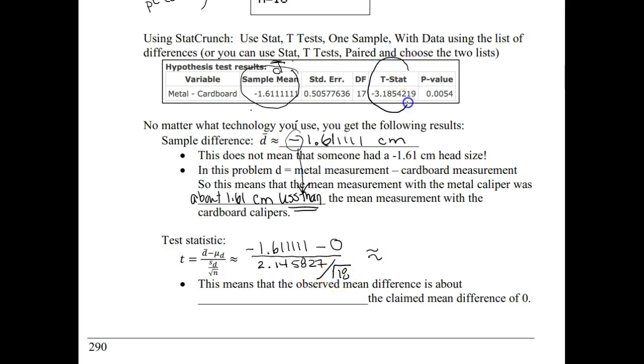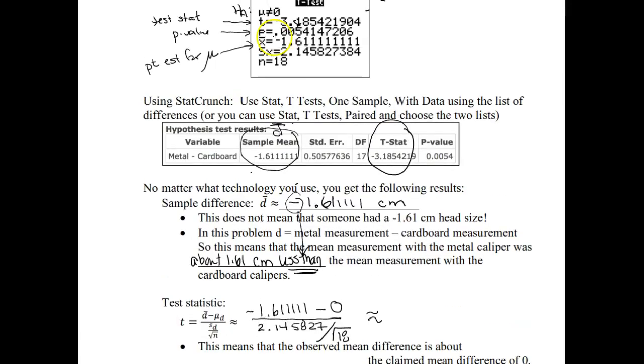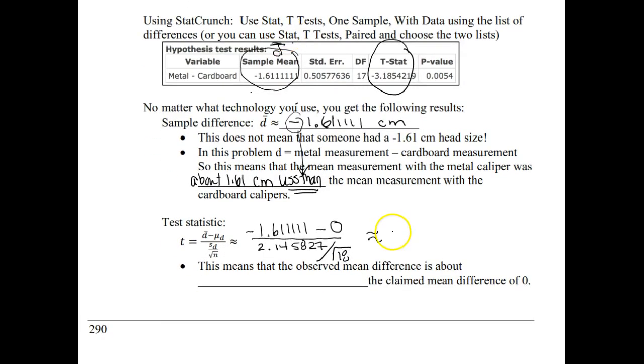And again, we can just cheat by looking at our output screen to get that value for the t-score, which is about negative 3.19. That's what we get if we compute through. So this is a t-score, so it's counting standard deviations away from the claim. This means that our observed mean difference is about 3.19 standard deviations below, since it came out negative, the claimed mean difference of 0.